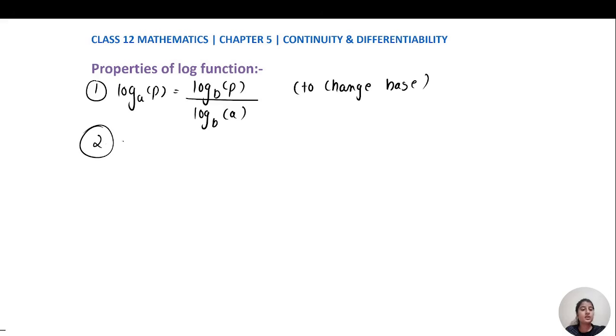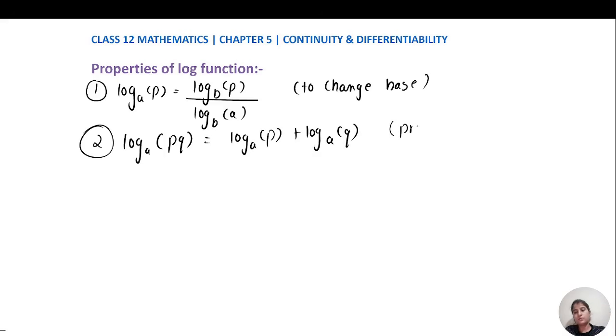The second one is log of p times q. This is nothing but log with base a of p plus log with base a of q. This is the product rule. Then the third one, this is important.